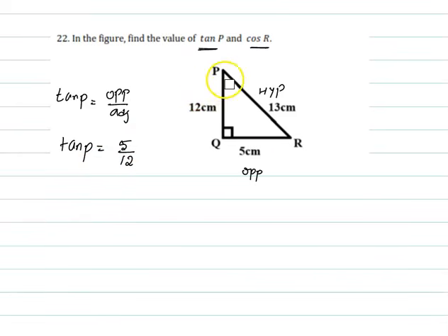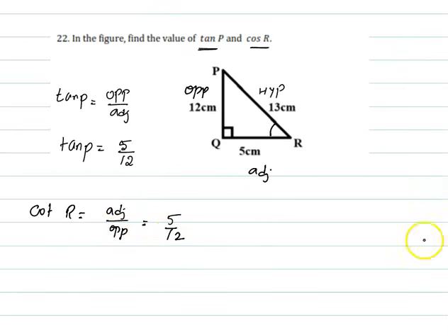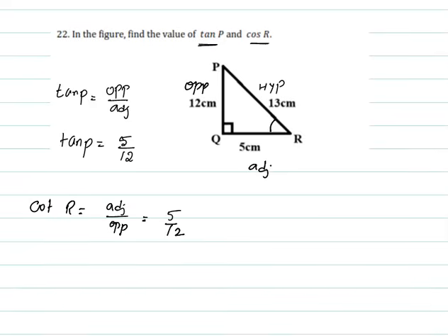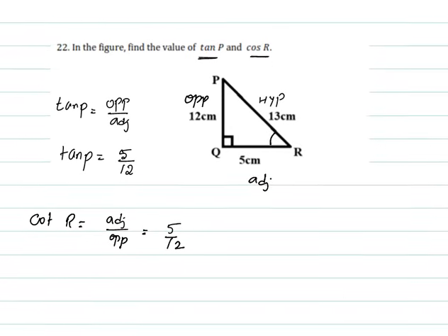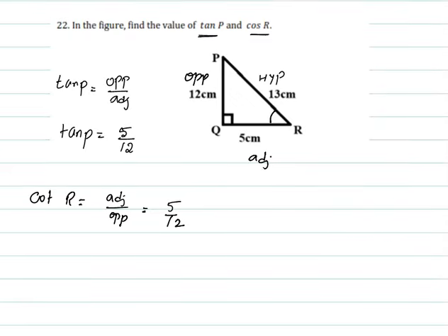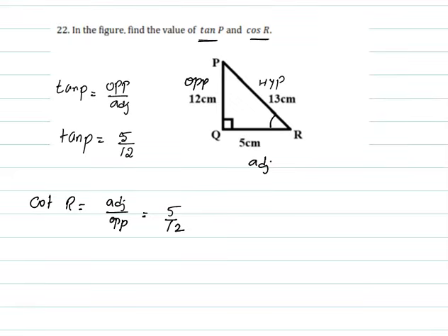Now if I interchange and take r as the acute angle, then this will become the opposite side and this will become the adjacent side. In this case, cot r is equal to adjacent by opposite, that is also 5 by 12. So these are the things they ask. We have to just find tan p and cot r for the given triangle.